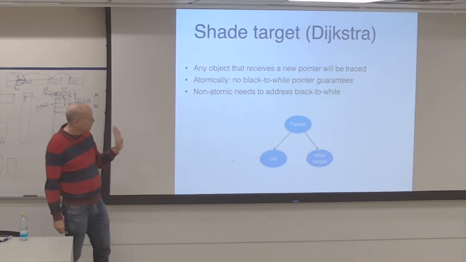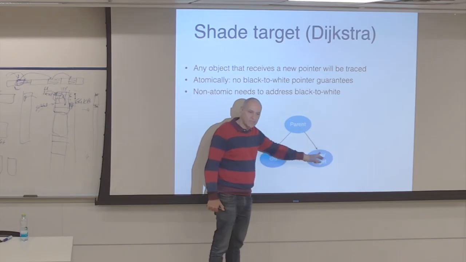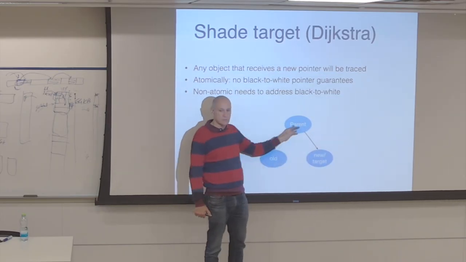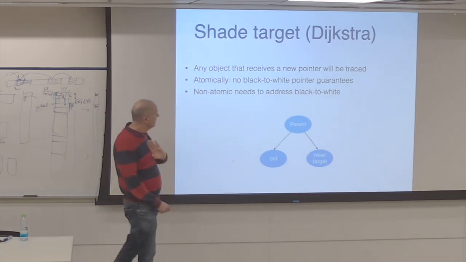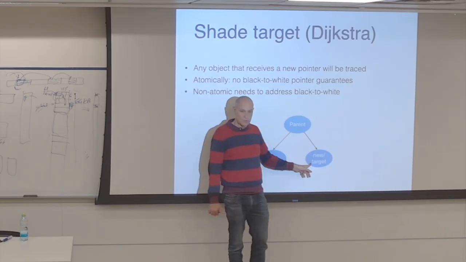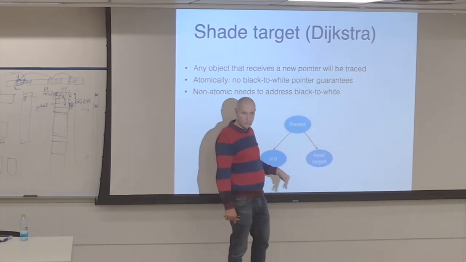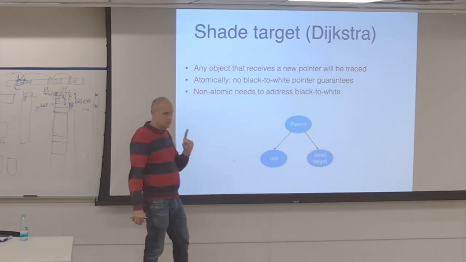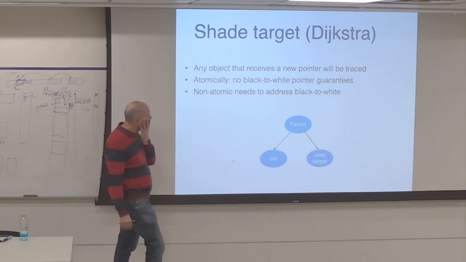So if you recall, Dijkstra said, I could let the collector know about the new object or the old object or the parent that was modified. And Dijkstra said, I'm going to let the collector know about the new objects that get pointers. And Dijkstra could only work with a single mutator, a single program thread, because of that.